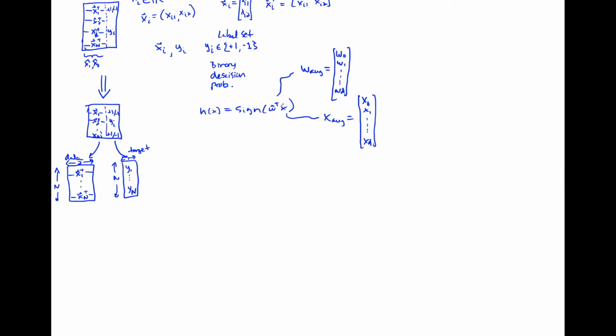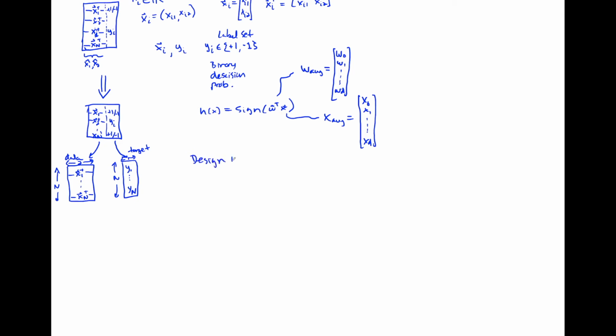And so if we compute sign of W transpose x, we can calculate the output for that hypothesis. Now, of course, for efficiency's sake, we don't want to use just one x vector at a time. We want to do that in one fell swoop across the entire set of inputs. So we're going to take our data and we're going to build something called a design matrix.